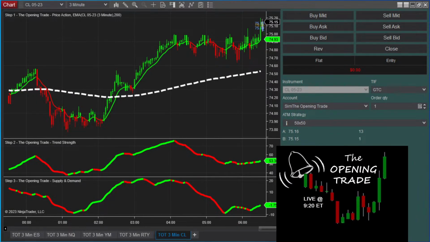1847 Holdings lifts 2023 guidance, now projects revenue over 90 million. Gold edges down as the Fed's preferred inflation measure rose less than expected last month.